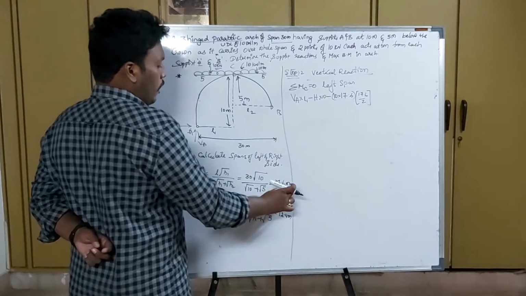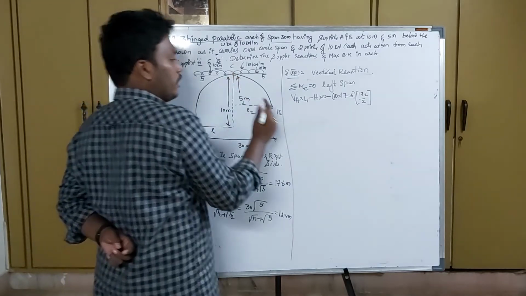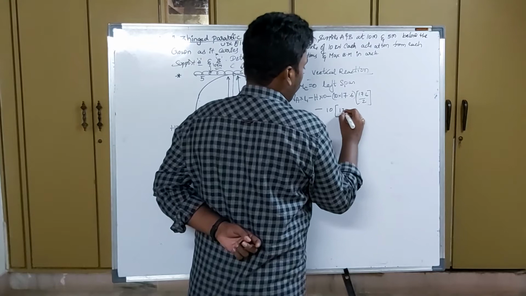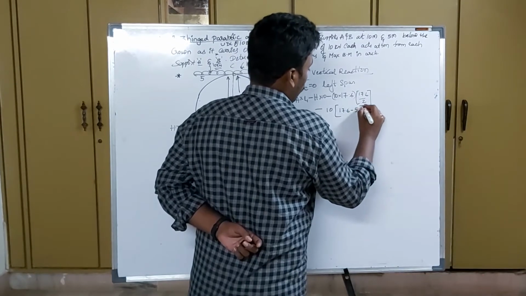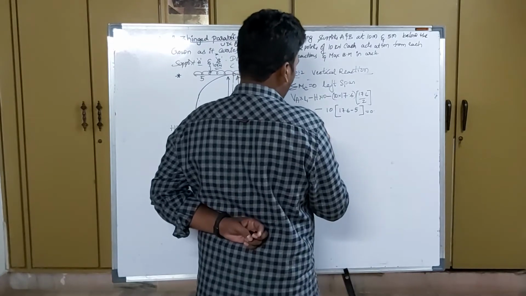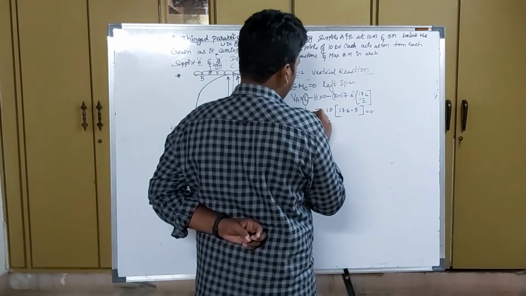Total span 17.6. Subtracting 5 meters from it gives 12.6 on this side. Minus 10 into 17.6 minus 5, which should be equal to 0. So from here I can know the value of L1 is 17.6.